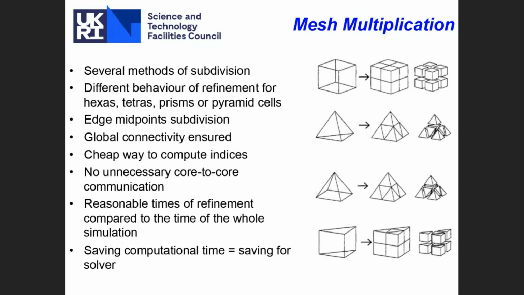By doing so, you multiply the size of your existing mesh by 8 once, then 64, and so forth, and you can generate massive meshes. And you keep everything in memory. You don't have to dump that on the disk, so you save a lot of time in terms of IOs.